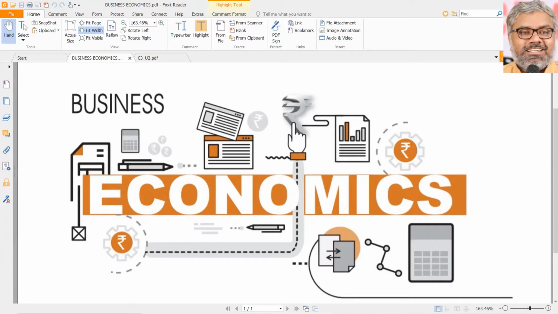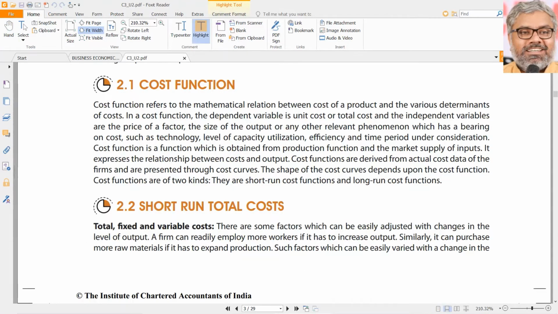Now let us continue with the real technical aspects of this chapter, that is chapter 3, unit 2 of business economics, that is the theory of cost, starting with cost function. Just like production function, cost function is also a mathematical relation.